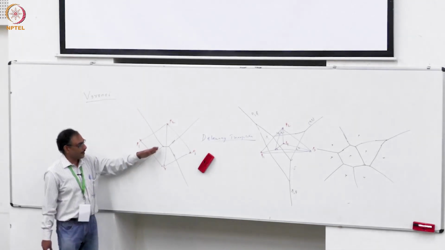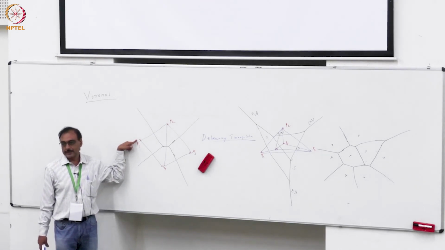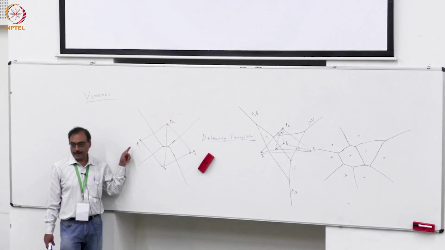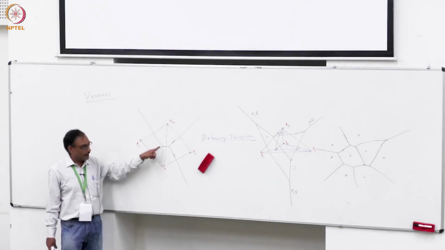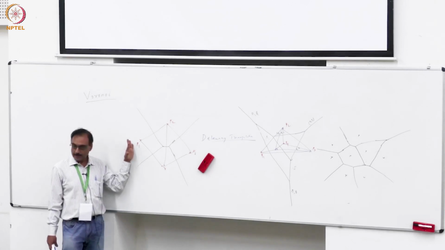So, for every polygon here there is a red one which is a vertex, a Delaunay vertex because it lies on the Delaunay triangle. So, for every Voronoi polygon or Voronoi region there is a Delaunay vertex.